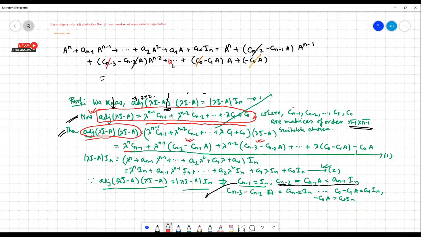If you write out these terms then you can easily check that these terms cancel. So ultimately you get A^n minus C n minus 1 A^n, and this is equal to I n C n minus 1 A^n, and from this portion this is 0 matrix into A^n, so 0, hence satisfied. Clear?